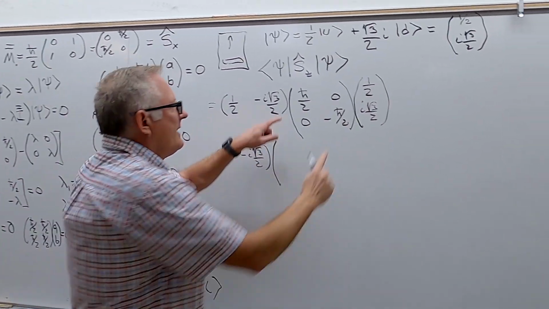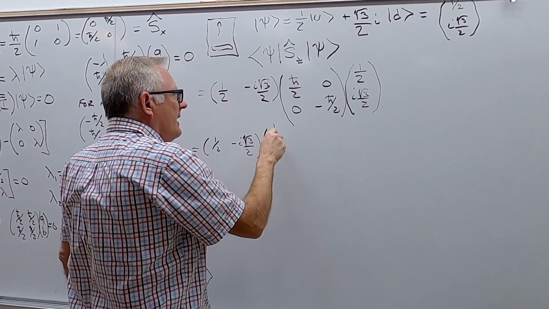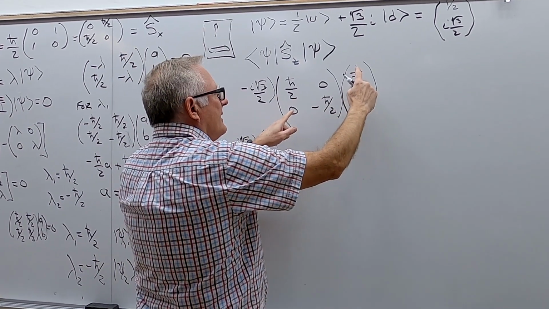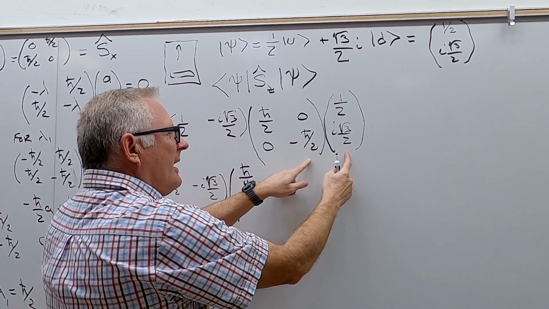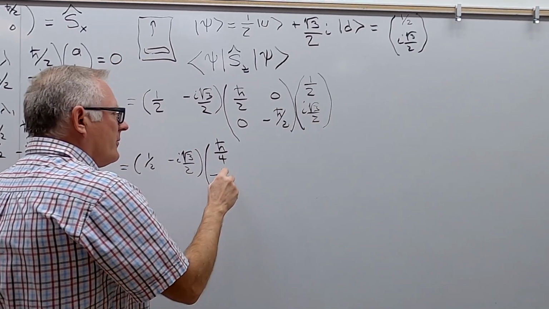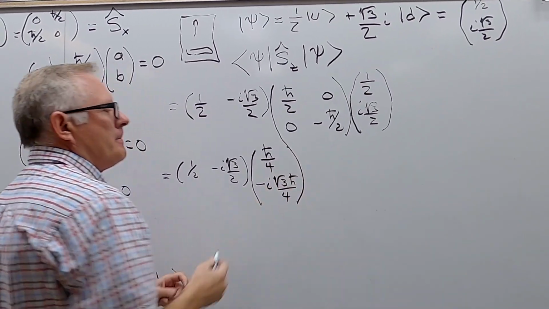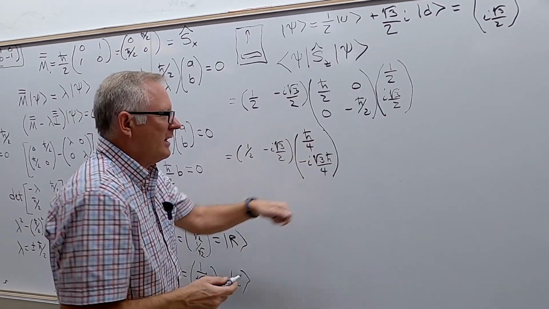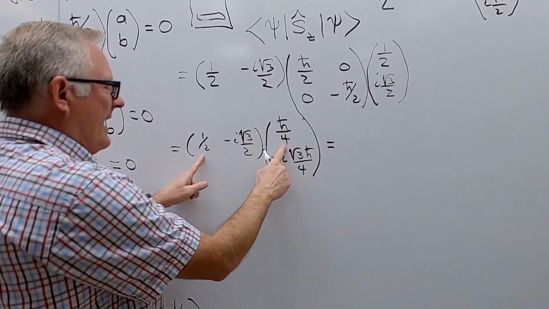If we multiply these two together, we get h bar over 4 plus 0. Well, that's just h bar over 4. And then the other one we get is 0. We get these two multiplied, which is minus i square root of 3 h bar over 4. Okay, and then we can just multiply the row times the column, which is h bar over 8.